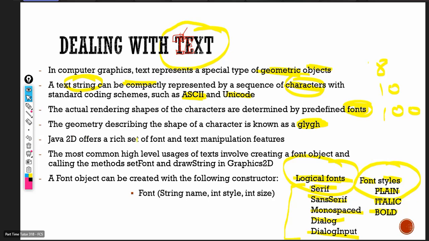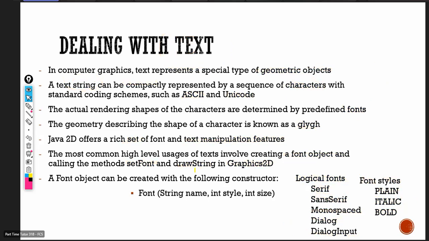Java 2D offers a rich set of font and text manipulation features. The most common high-level usage of text involves creating a font object and calling the methods setFont and drawString in Graphics2D. If you want to display a message, before doing this, first of all you have to define the font that you want to use for this message.